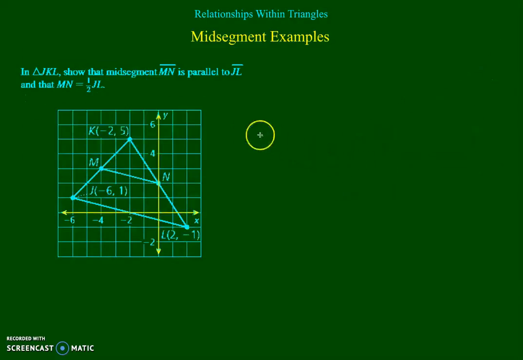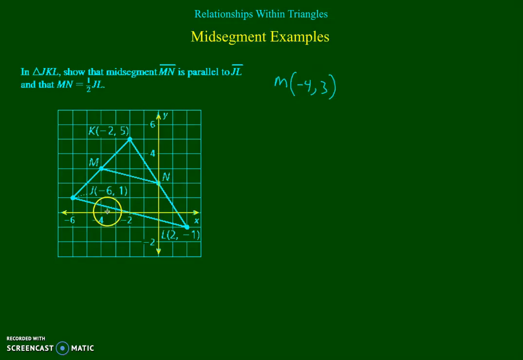In this problem, they're telling us that MN is the midsegment of triangle JKL. So MN is a midsegment, not the midsegment. And we want to find out that MN is parallel to JL. So we're dealing with slopes here. So the first thing we need is the coordinates of M and N. So point M has coordinates -4, 3.